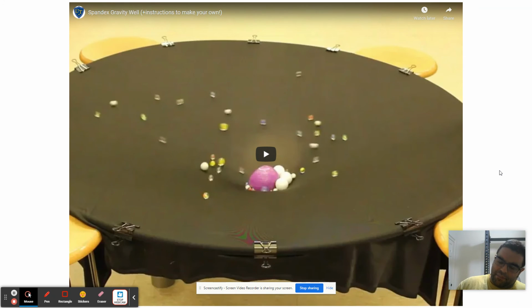Maybe the big heavy ball could be the sun, and then marbles, golf balls, different other types of balls can represent items in orbit.